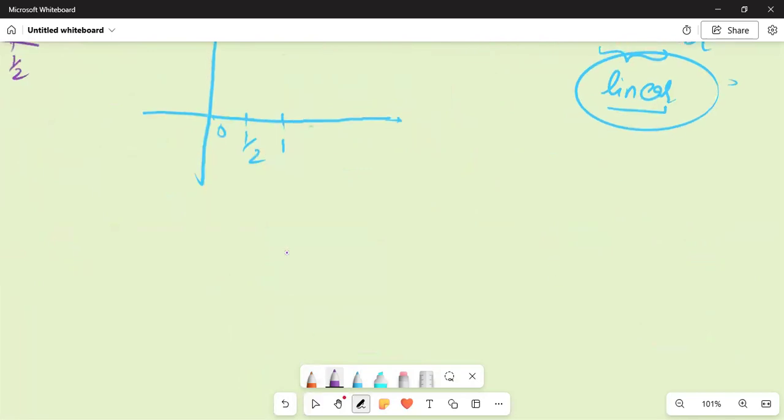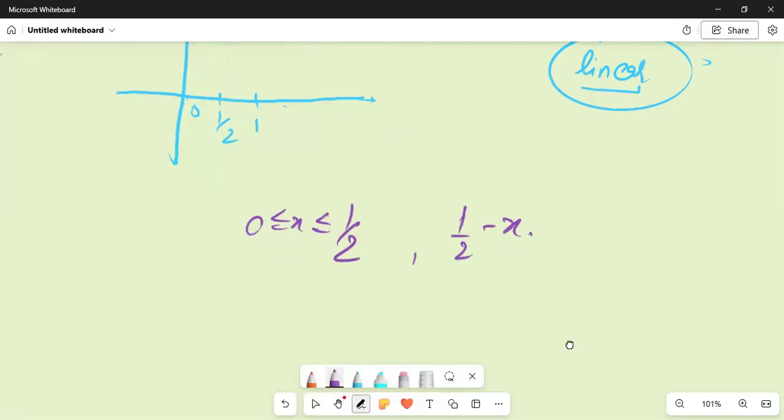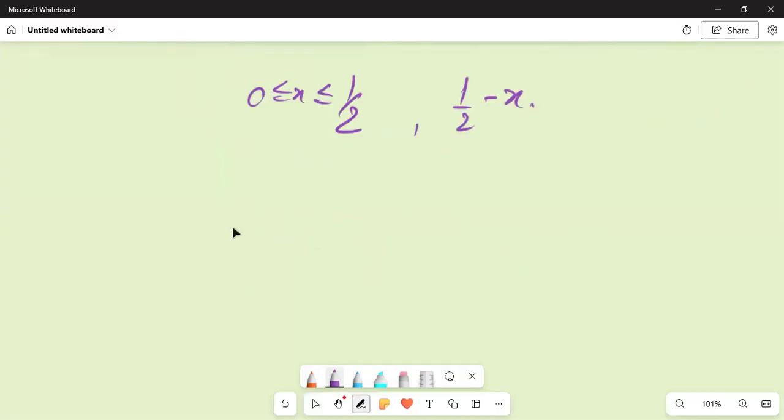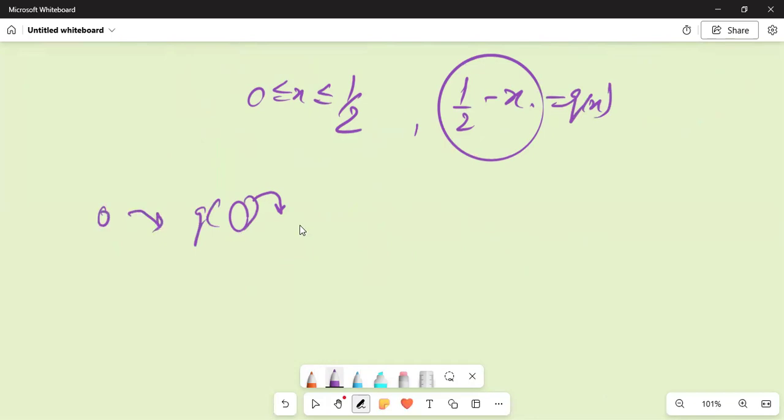Since we need to look only at the points 0 and half, we'll check what we are actually getting. Where is 0 mapped by this function Q? So what is Q0? 0 is mapped to half. You can easily substitute here, and you'll see half.